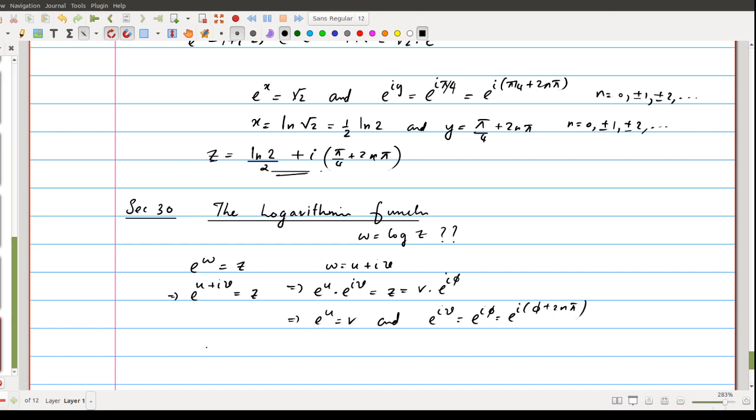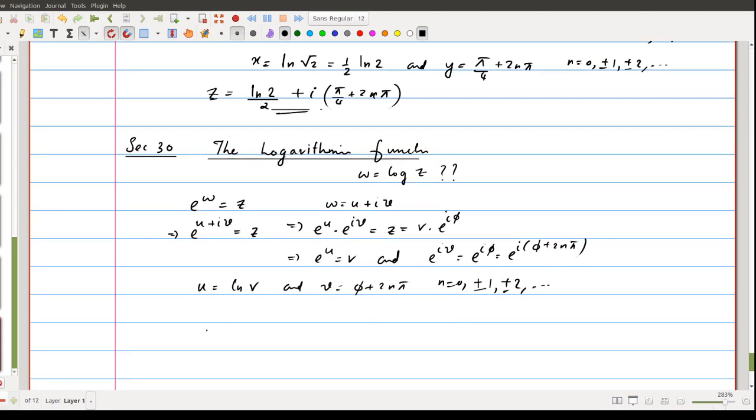From these two equations we can write what is u. U is log r, and v is phi plus 2n pi, where n is equal to 0, plus or minus 1, plus or minus 2, etc.